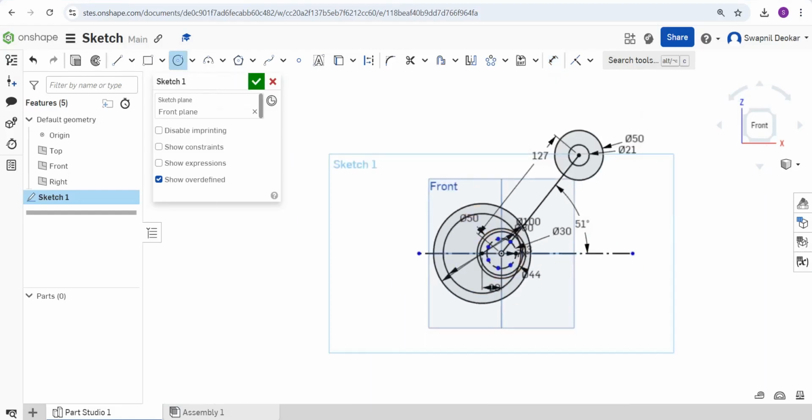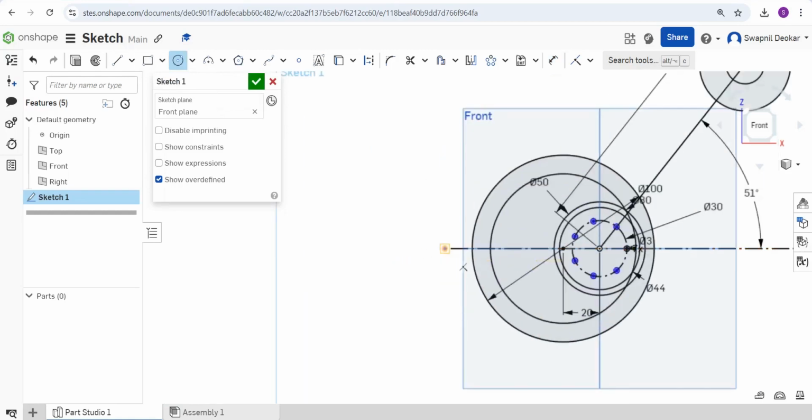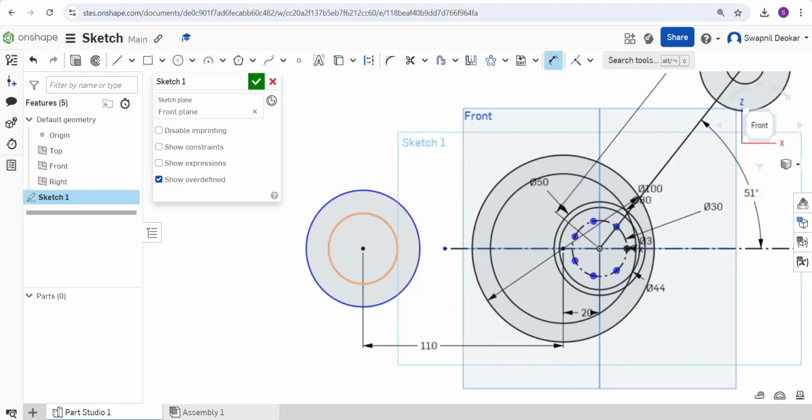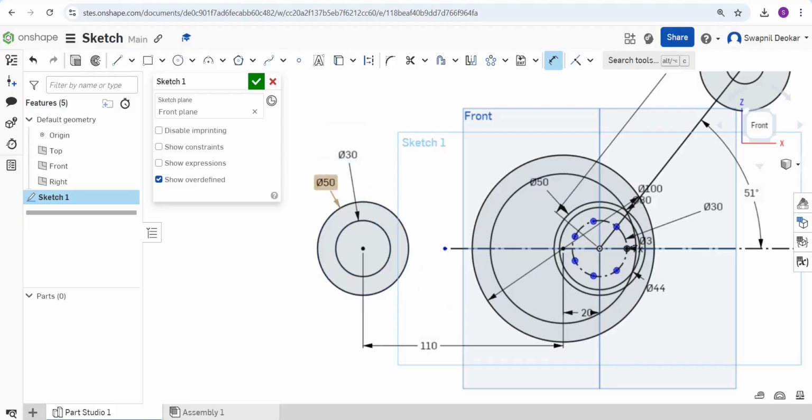Another circle on this line, 30 diameter and 50, and the distance from this point to this is 110 and its dimension is 30, its outside is 50 diameter.